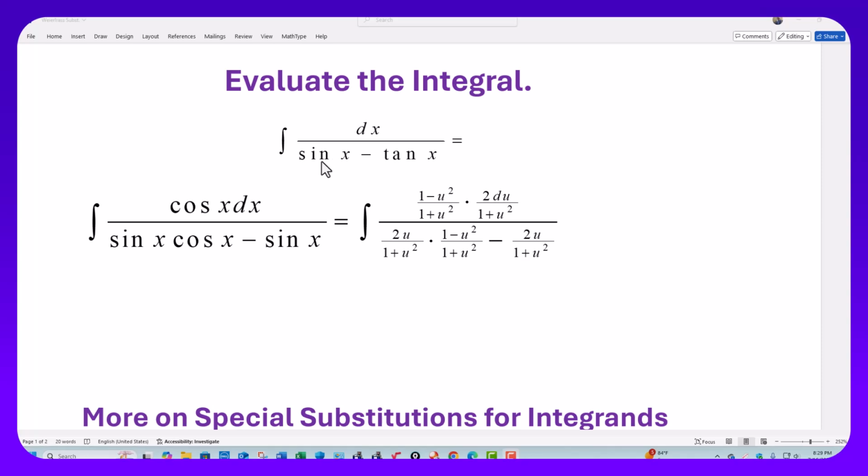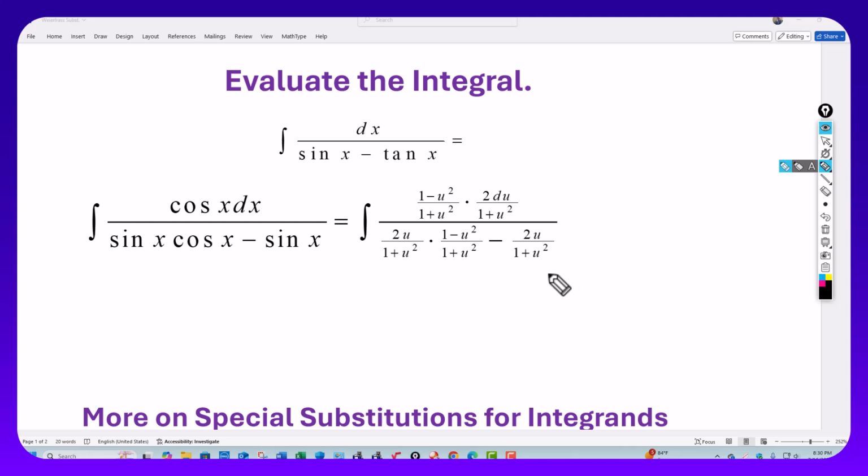So we got sine of x times cosine of x, and then the tangent of x times cosine. The cosine cancels, and I get minus sine of x. And then in the numerator, you get cosine of x. That's all we did. We took this given integral, multiplied the numerator by cosine of x and the denominator by cosine of x, and that's what we got right there.